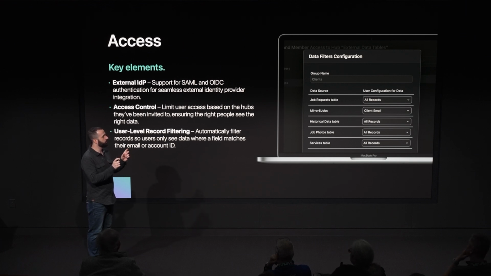So the question is around whether it's matching a value in a field to the email address of the person that's logged in. The first answer to that is yes, and you'll see that in a minute. But if you're looking at doing things like aliases, the other option that we're giving you is an account ID, so it doesn't have to be on the actual email address.